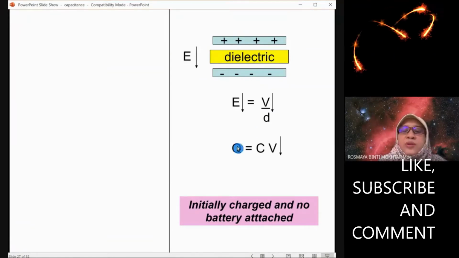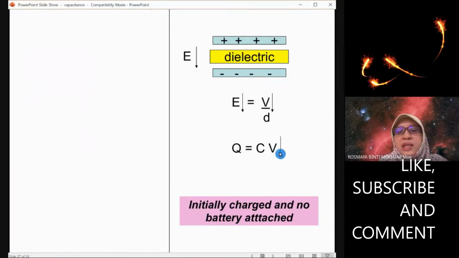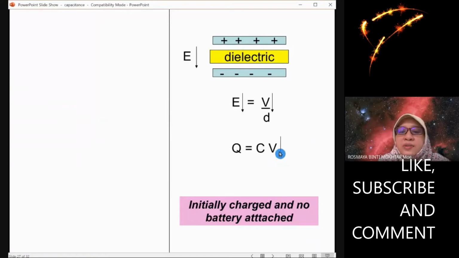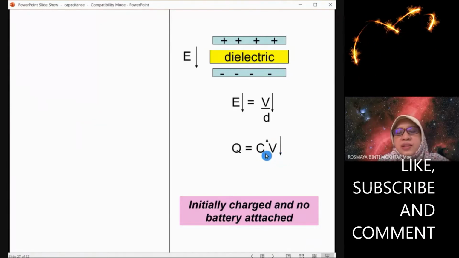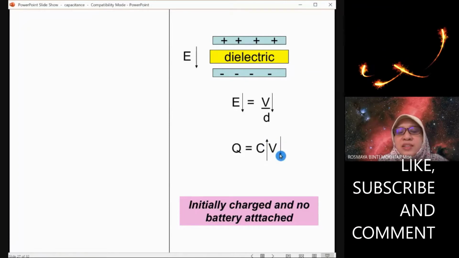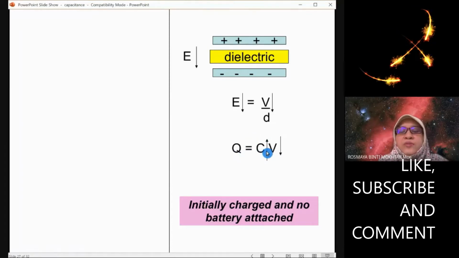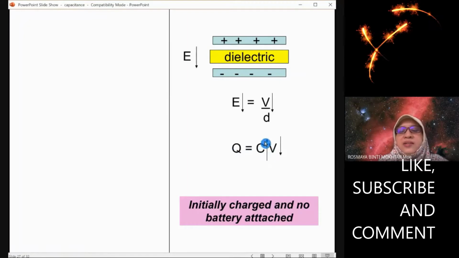So Q is constant, but C changes because V changes. When V decreases, C increases. We can see this from the relationship Q equals CV: Q constant, V decreases, C increases.